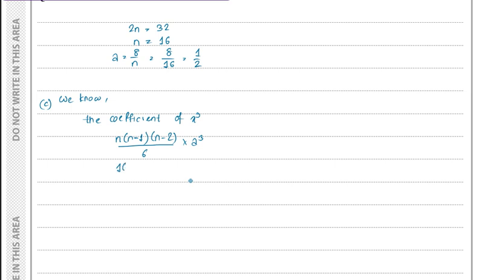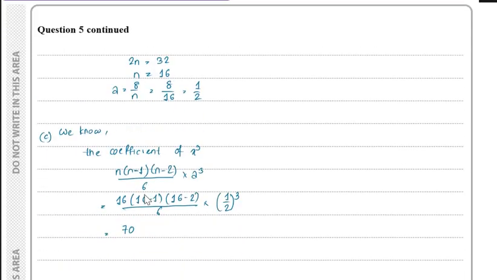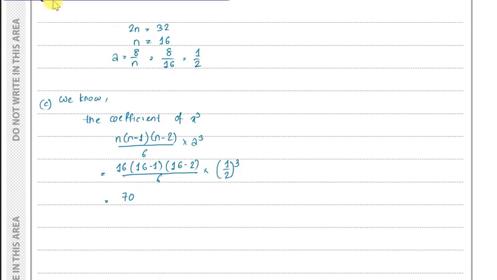So this would be 16 multiplied by 16 minus 1 multiplied by 16 minus 2 divided by 6 multiplied by a, which we know is half. So it will be 1 by 2 whole cubed. If you put that in your calculator, you will get a value of 70. So 70 is the coefficient of x cubed. Thank you.